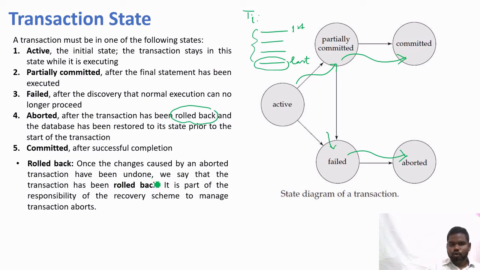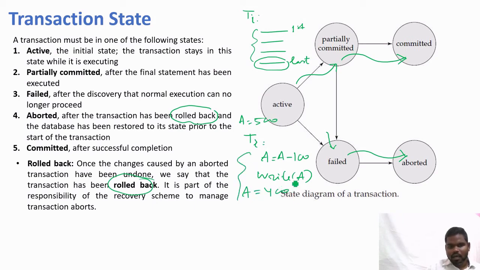Rollback means, let's suppose in the transaction Ti, A = A - 100 is done, and then write(A). Let's suppose the initial balance of A is 500. When this write operation is done, the balance of A will be 400.